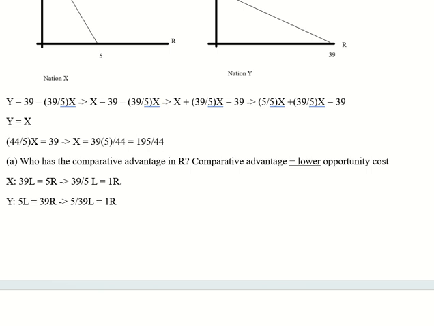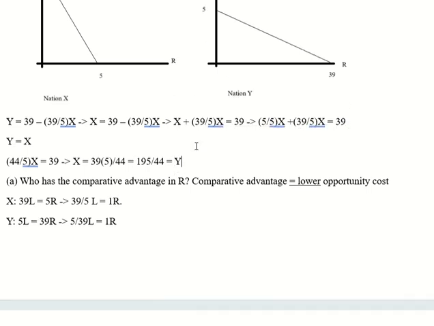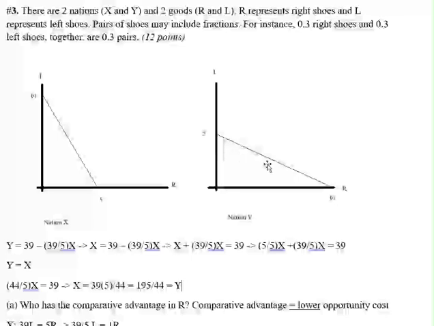Now because X equals Y, that also equals the number of pairs in nation Y. So if X is 195 over 44, then Y is also 195 over 44. By symmetry, nation Y is the same as nation X, so it's going to be the same for Y as well.